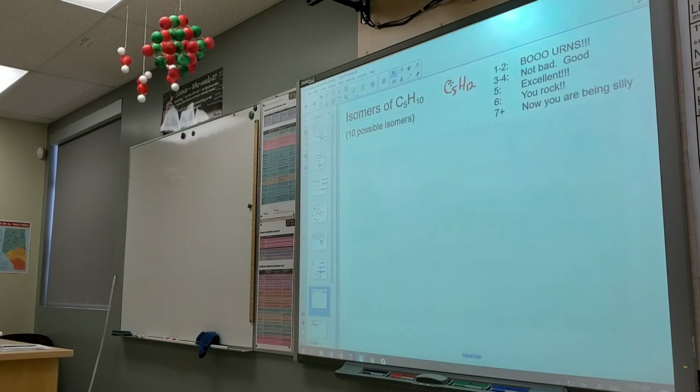Because they have different names, right? If you name them, they're the same. So you can put the double bond on. Can you have a double bond?